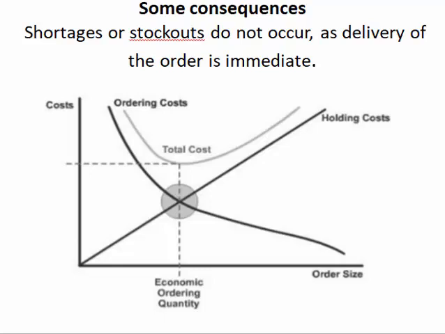The point at which the two curves intersect is the same point which is the minimum of the curve, which represents the total cost for the inventory system. So this line shows the economic order quantity.